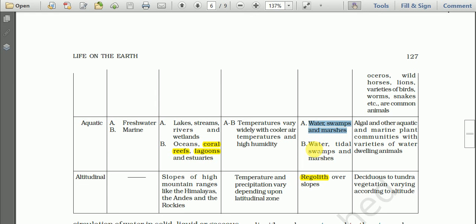Okay, then for the marine, we have tidal swamps, coastal areas, and the marshes. And for the plants and animals, algal and other aquatic and marine plant communities with varieties of water dwelling animals, okay, fish, then turtles and different other sea animals.